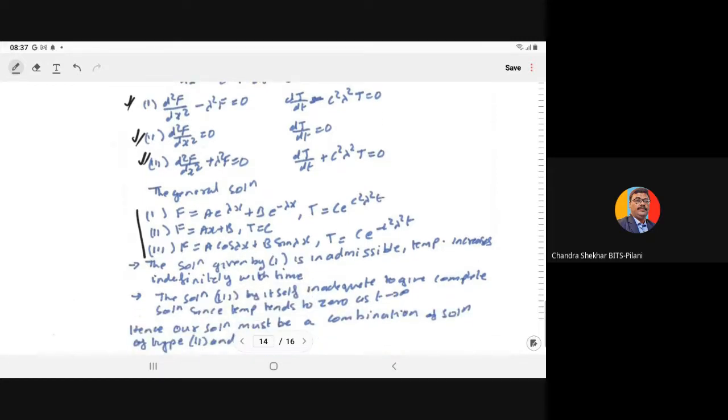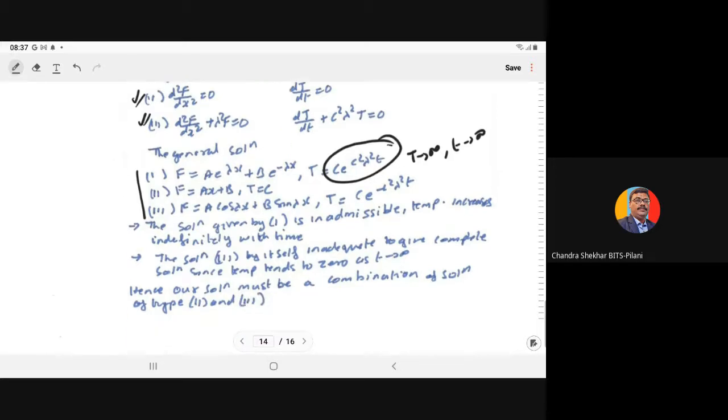The solution given by the first is not admissible, as the temperature increases indefinitely with time, because as t tends to infinity, this will tend to infinity. So that is not the case.